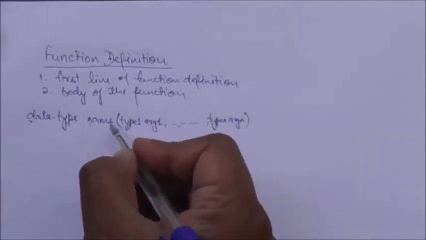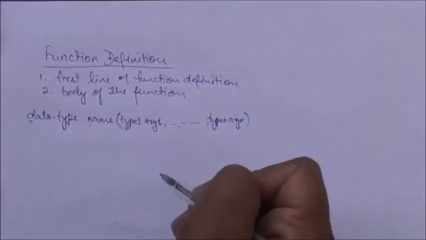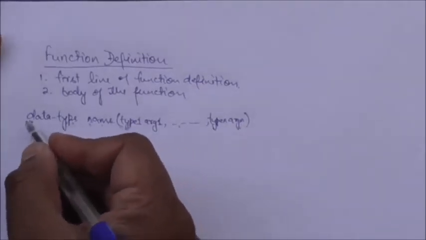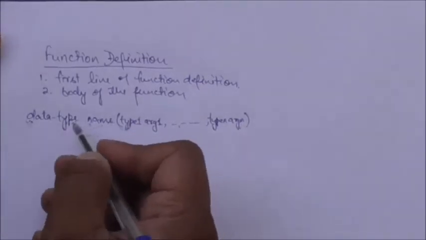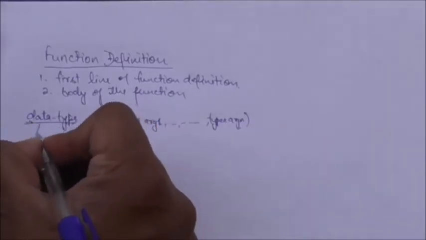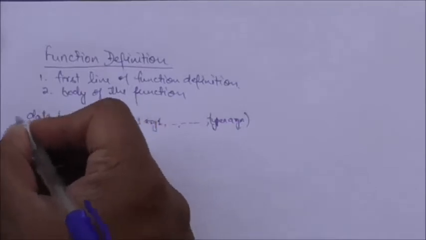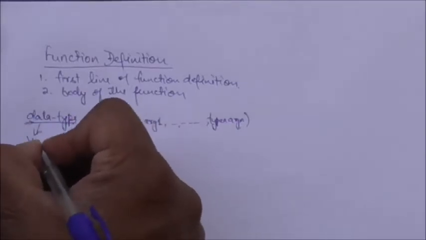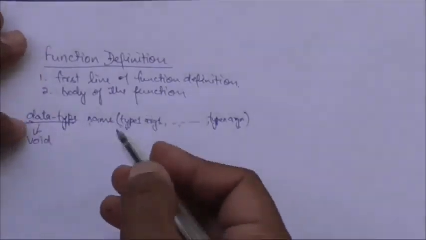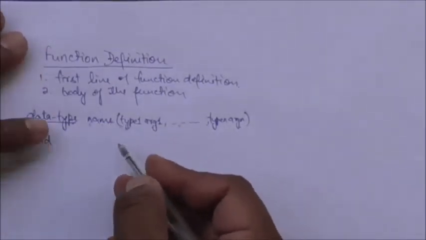The name of the function will be followed by empty parentheses. Data type specifies the data type of the value returned by the function. If the function does not return any value, then in place of data type we will write the keyword void. Void specifies that this function will not return any value.